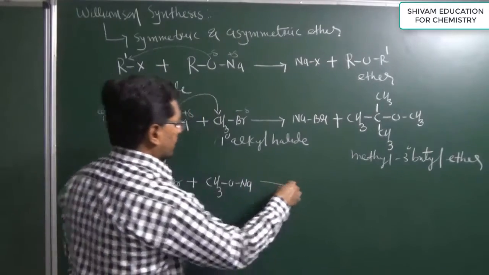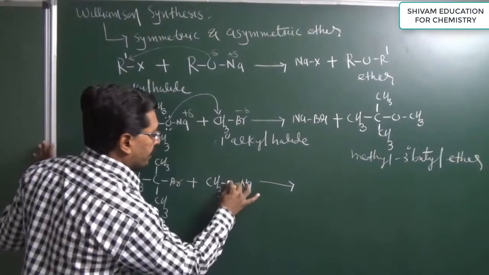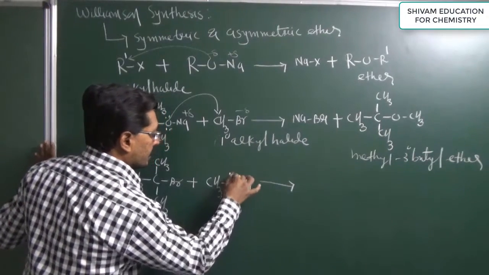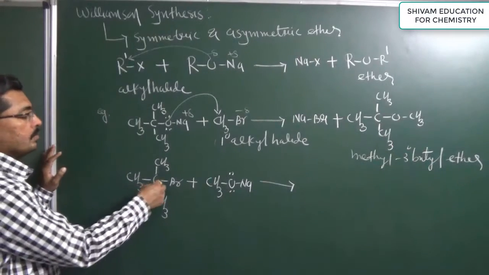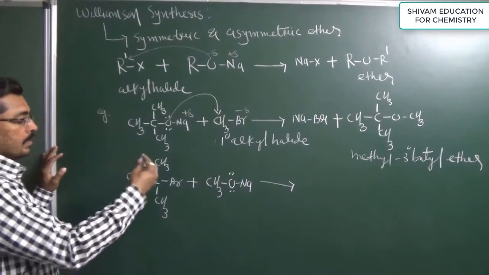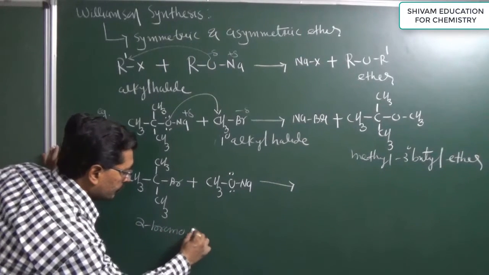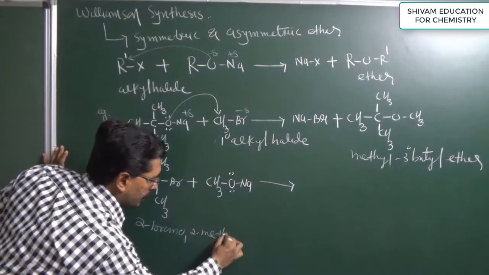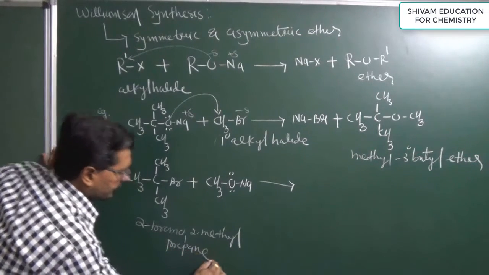Then the reaction occurs in a totally different way. The name of this tertiary halide is 2-bromo-2-methylpropane.